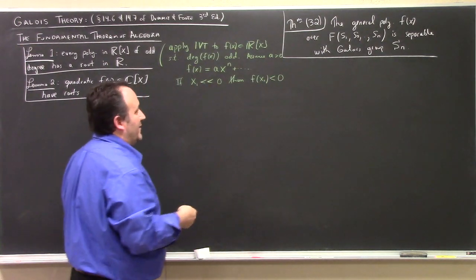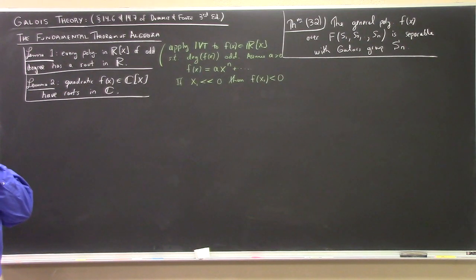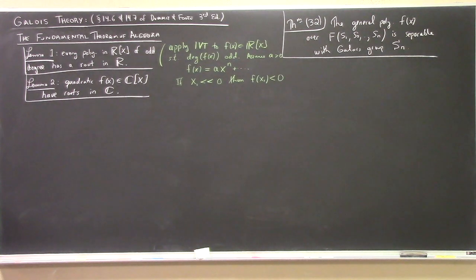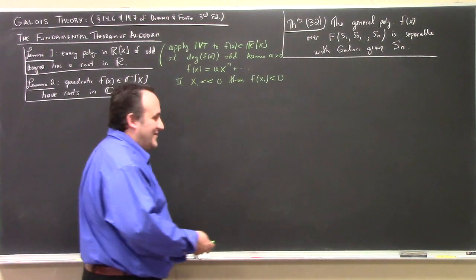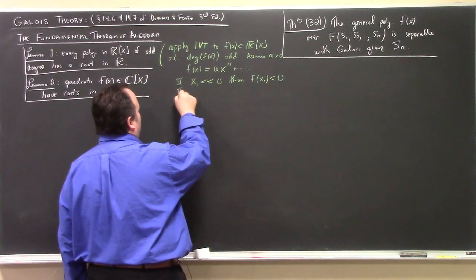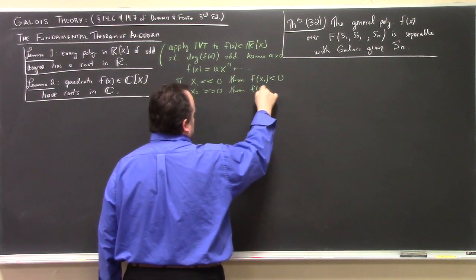My point to you is that whatever odd-degree polynomial you have, you can pick a negative number beyond any of the coefficients, and when you plug it into the leading power, it's going to be smaller than the sum of everything else. I'm not going to prove this, but it's a very plausible claim. To actually prove it would be like a week of a summer camp for talented high schoolers. On the other hand, if x2 is much, much greater than 0, then f of x2 is positive.